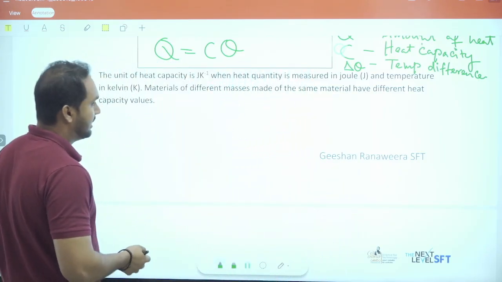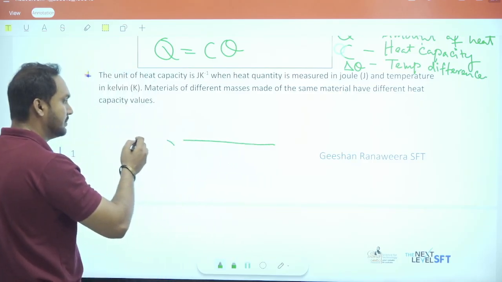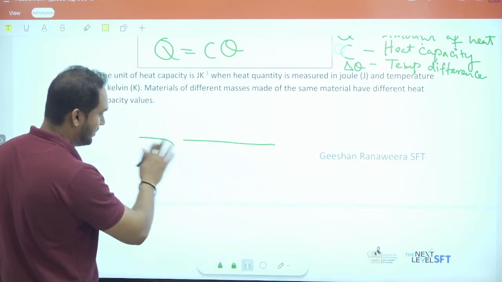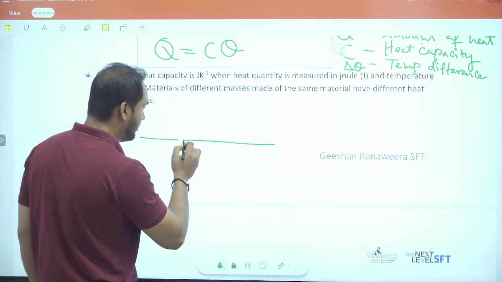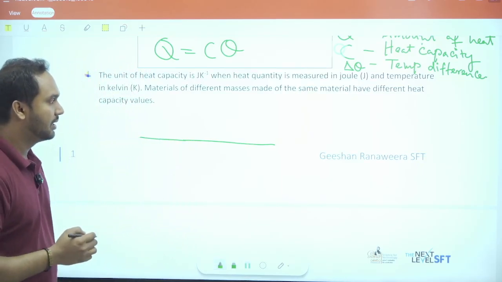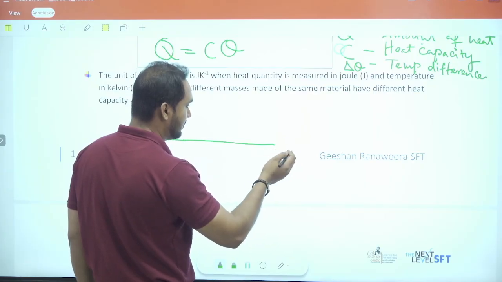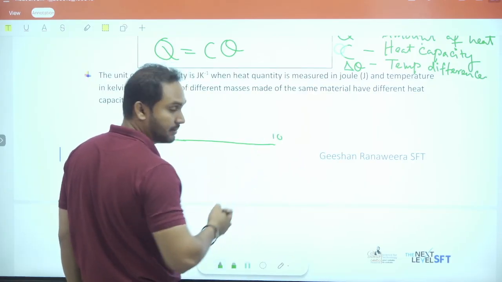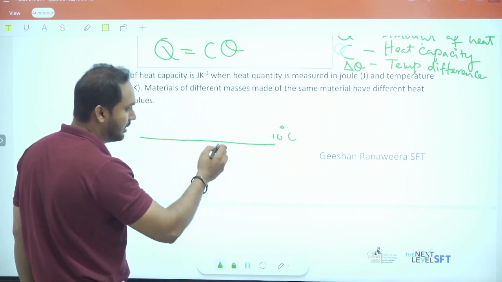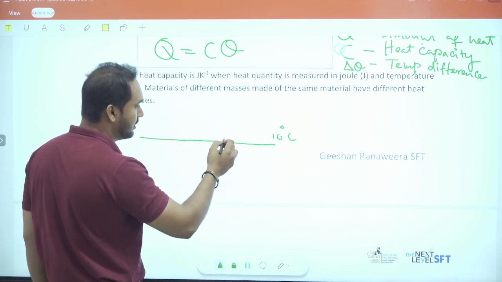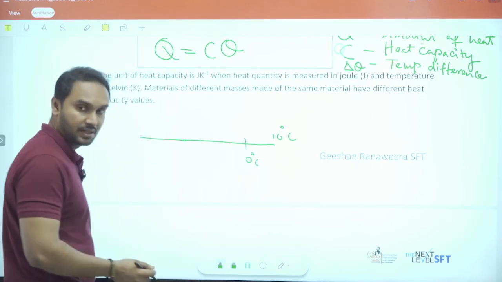Now, if I take a scale of Celsius, right? So this is a scale of Celsius. I'm starting from 0 Celsius, or let's say 10 degrees Celsius, and I'm going back. This is 0 degrees Celsius, right?